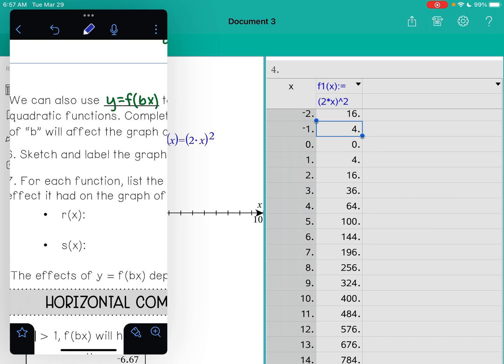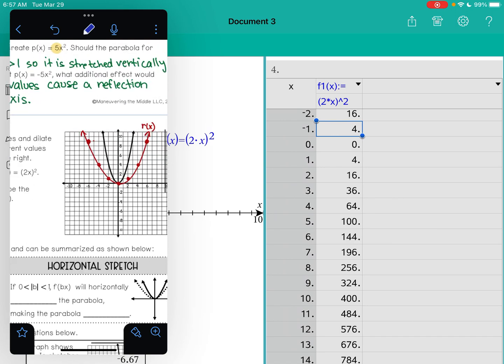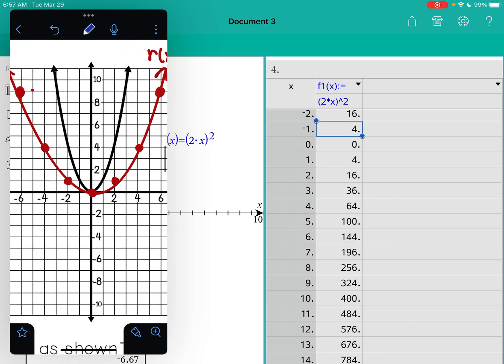Again, we're only going to graph what fits on our screen. So it looks like just starting at -1. So I have (-1, 4), (0, 0), and (1, 4). And this is s of x.